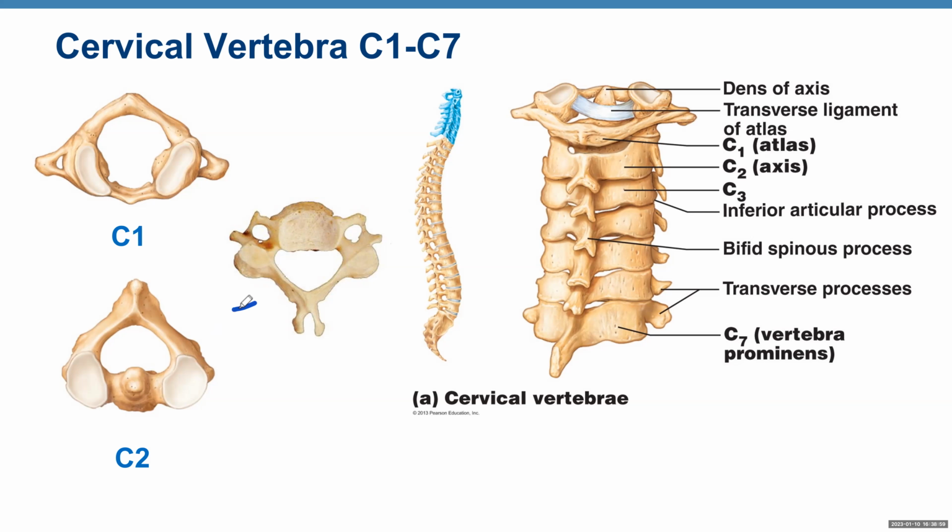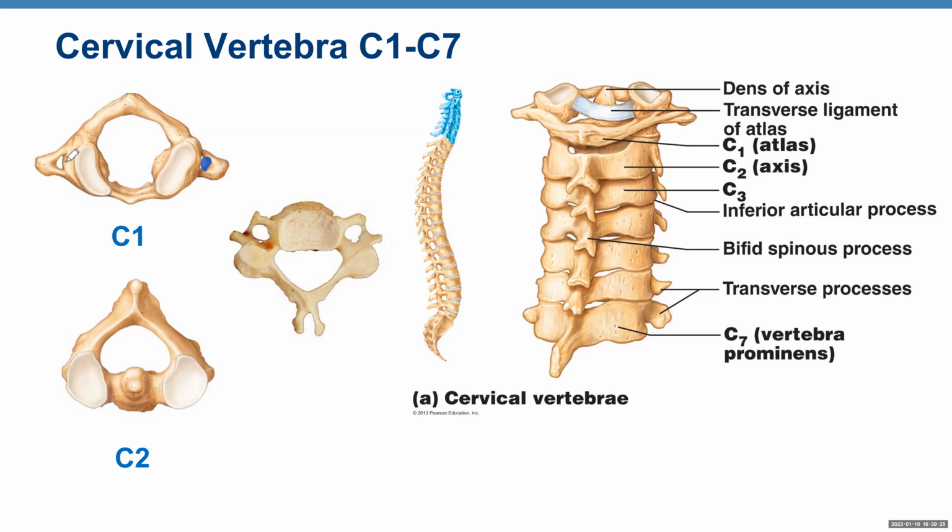And this is a typical cervical vertebra, C3 through C7. It will look similar to this one. It has a bifid spinous process, so the spinous process has two points, and you find an extra hole called the transverse foramen.